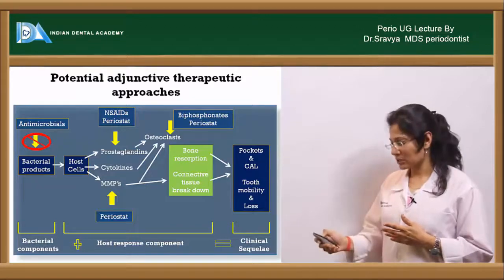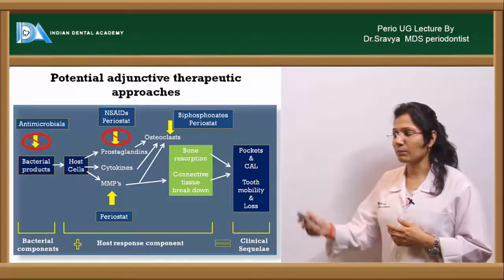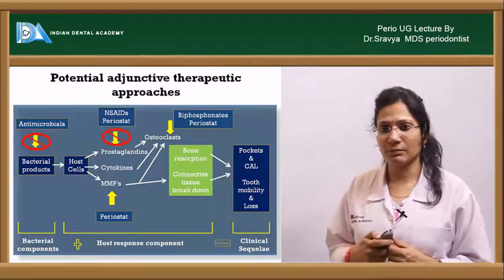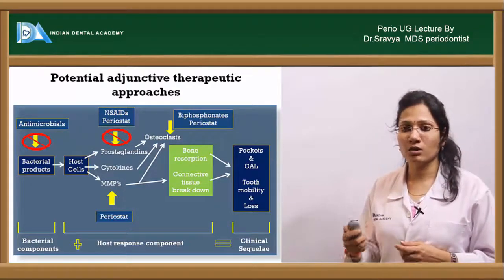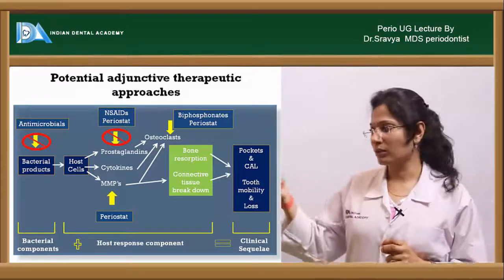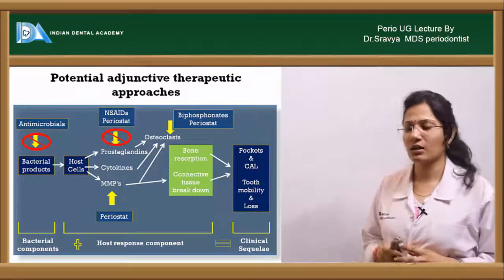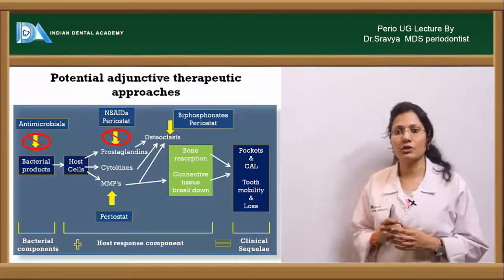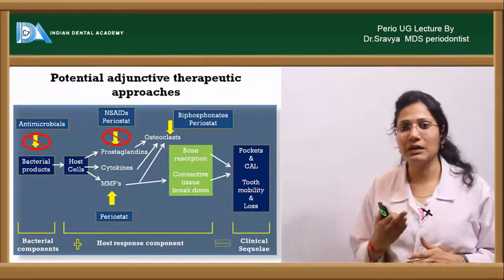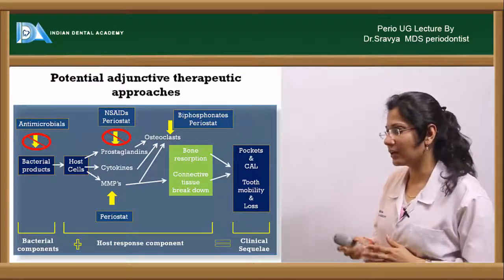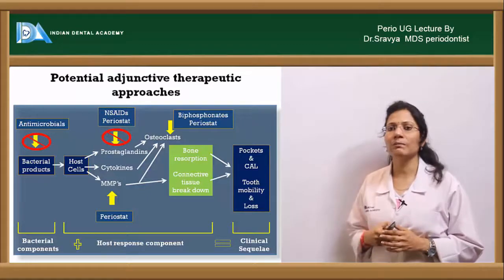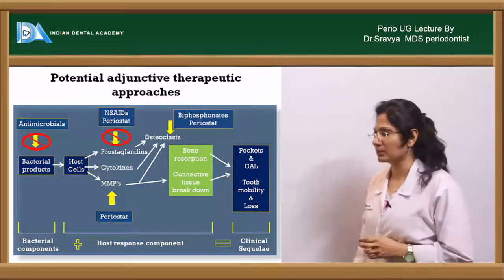Now, your prostaglandin synthesis can be blocked by incorporating non-steroidal anti-inflammatory drugs into your periodontal therapeutic regimen. There's something written there which is Periostat. Now, this Periostat is nothing but doxycycline, a sub-antimicrobial 20 milligram dose of doxycycline, which would help in depleting the synthesis of prostaglandins.